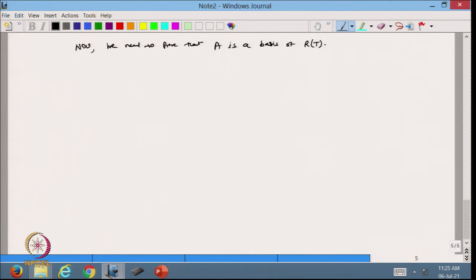So, to prove this one, what do I need to do? First, I need to show that this A, the span of A, is equal to R(T), and the second thing I need to check is that A is linearly independent.